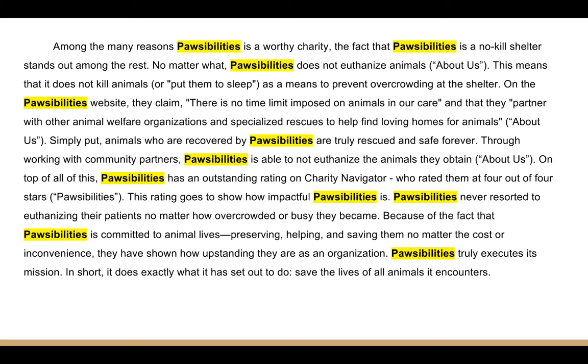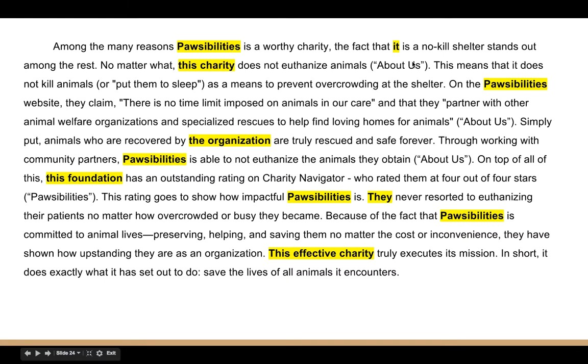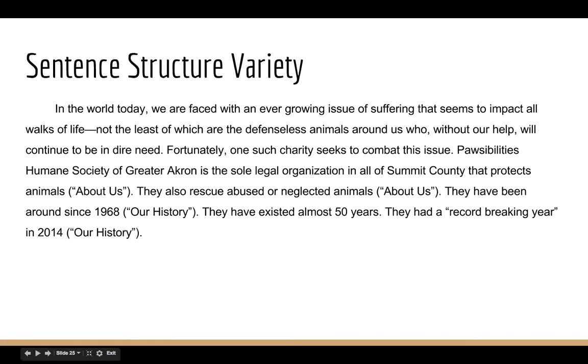Instead of using the name over and over, you can use words like it or they. You can use phrases like this charity, the organization, the foundation. Sometimes I even say things like this effective charity. Changing it up just enough will help your readers be more interested. Don't forget to continue to use the actual charity's name some of the time, though.